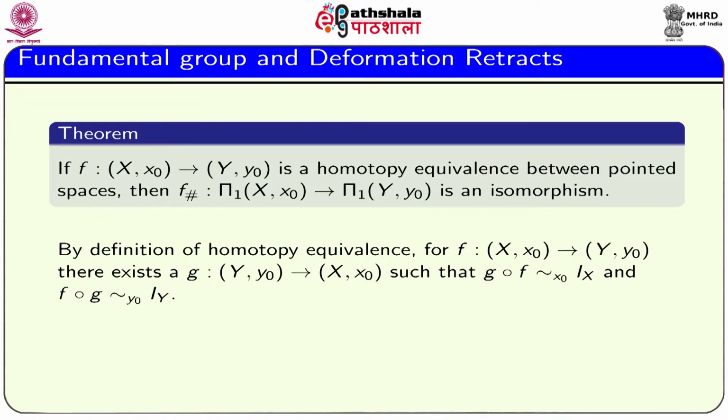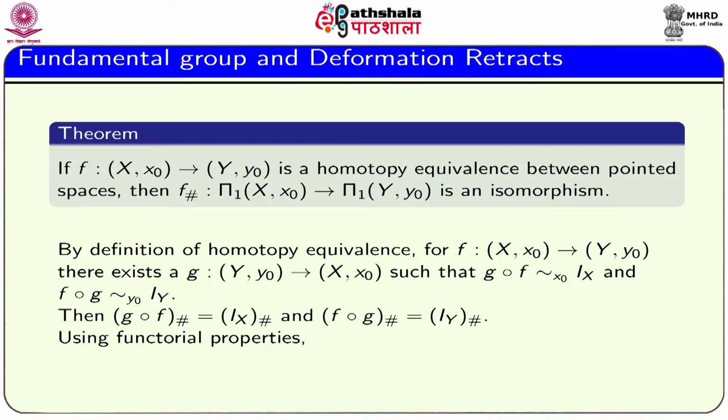By definition of homotopy equivalence, for the function f from X to Y, there exists a function g from Y to X such that g composed f is path homotopic to the identity on X, and f composed g is path homotopic to the identity on Y. Then (g composed f) sharp is equal to identity sharp, and (f composed g) sharp is also equal to identity sharp.